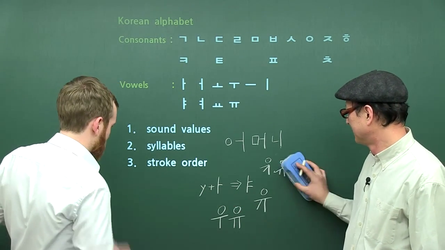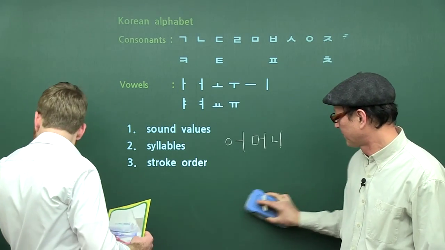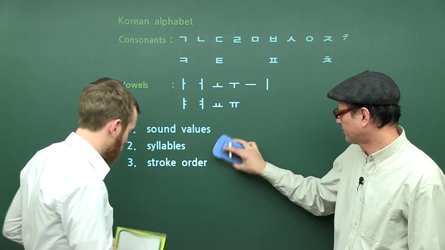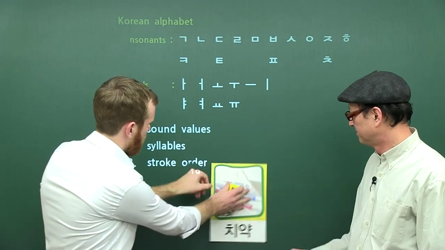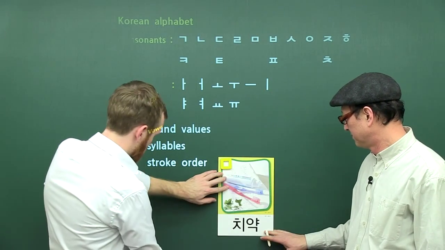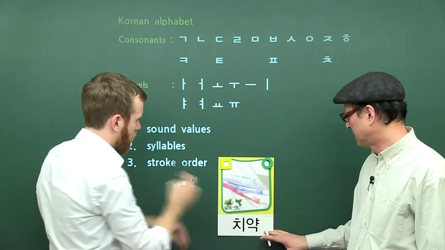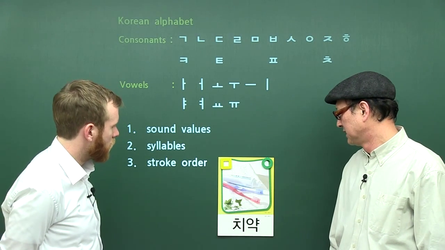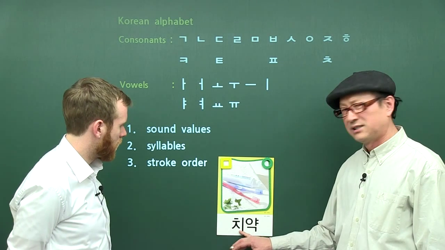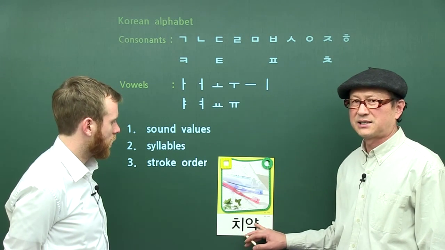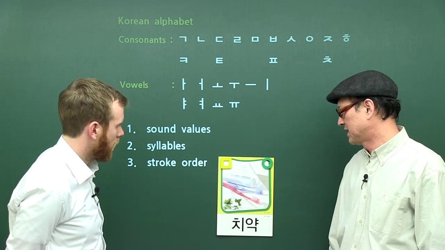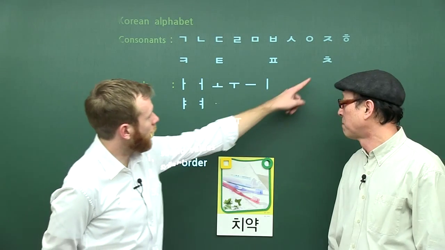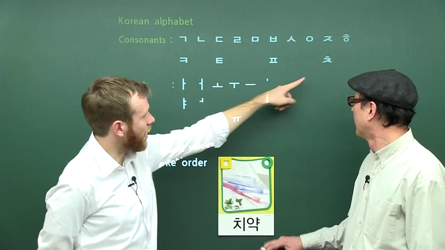We've got a couple of examples here. So our first example is toothpaste. Right, so I see my tube of toothpaste here. So how would I say toothpaste in Korean? 치약. 치약. Okay, so up here I've got the consonant, the kind of CH.